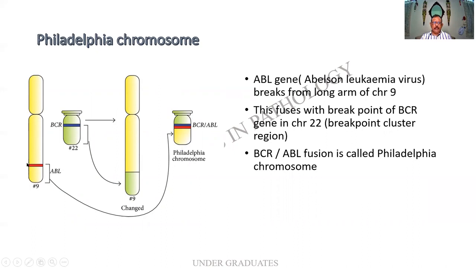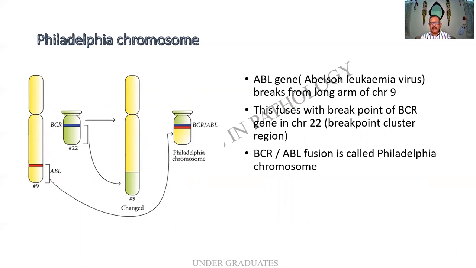In the long arm of chromosome number 9, there is a segment called ABL. And this ABL is detached and attached to chromosome number 22. Simultaneously, part of chromosome 22 is removed and attached to chromosome number 9.